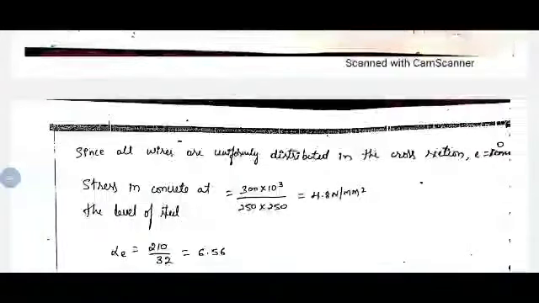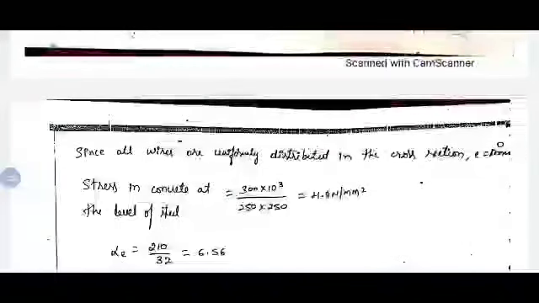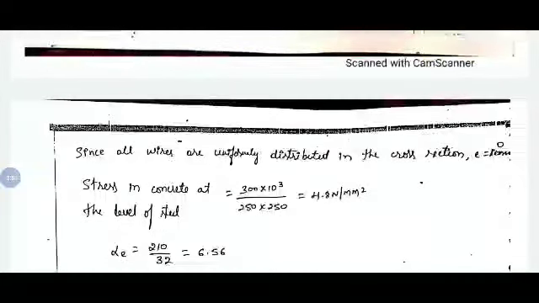That means if you take the centroid of the distributed wires, it will coincide with the centroid of the cross section of the beam or pile, concrete pile. So eccentricity is 0. Stress in concrete at the level of steel, since eccentricity is 0, Y will also be 0. So it is only P by A, sigma C is 4.8 Newton per mm square.